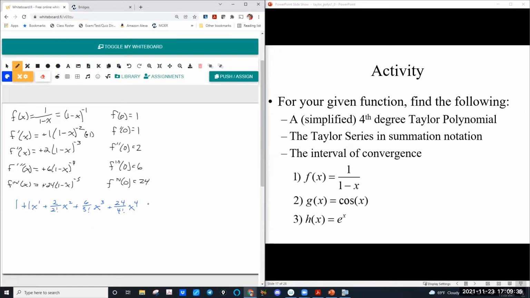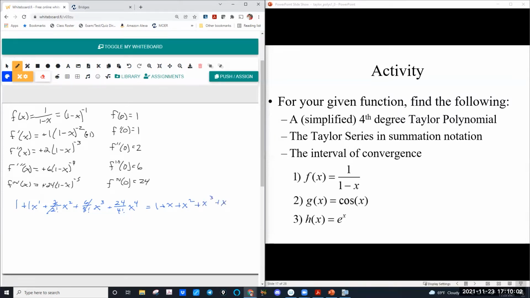Now, we're going to simplify this as much as possible to see what this looks like. So we have 1 plus x, and then 2 over 2 factorial, that's just 1, those cancel. So plus x squared, 6 over 3 factorial, well, those cancel, 3 factorial is 6, so it's just x cubed.